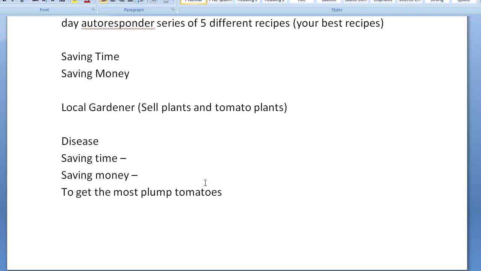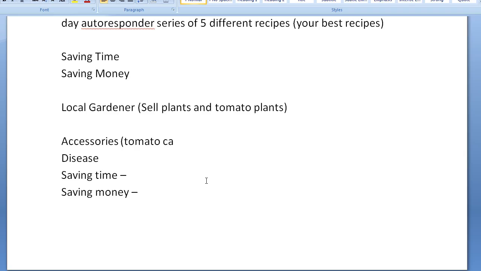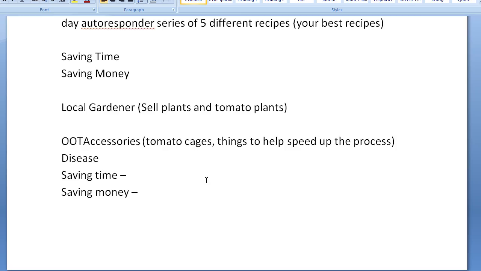So what you could do is essentially the biggest item could be getting people in the door to buy that item, but in addition to that, accessories such as tomato cages, things to help speed up the process. And that could be your most expensive item. So that could be one-time offer number 3.